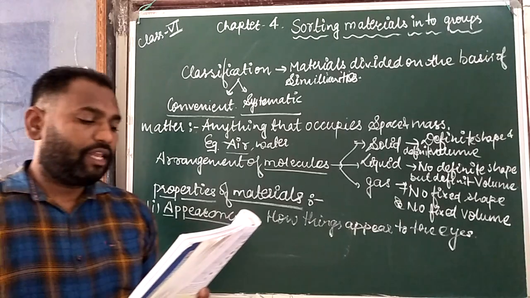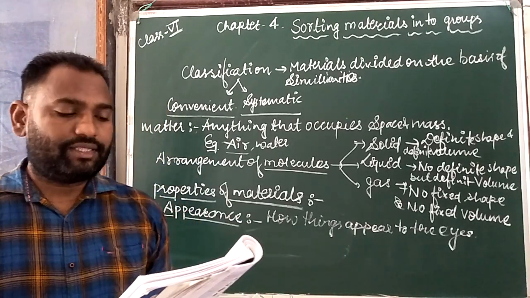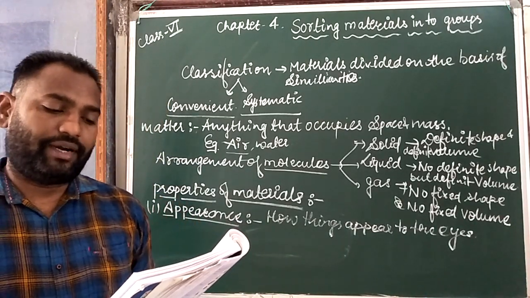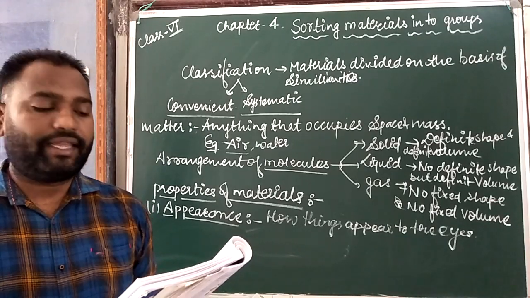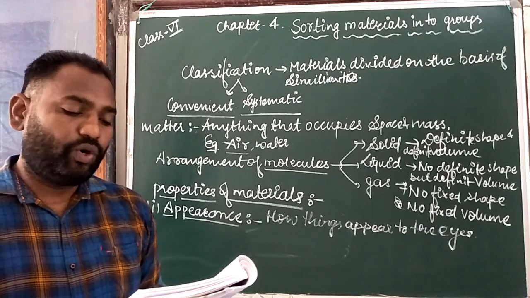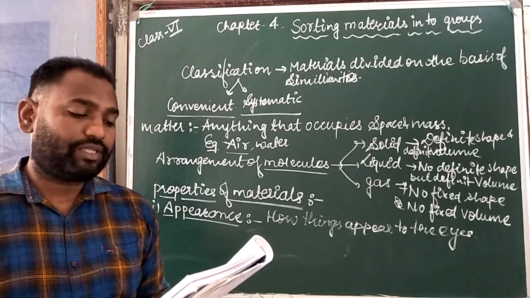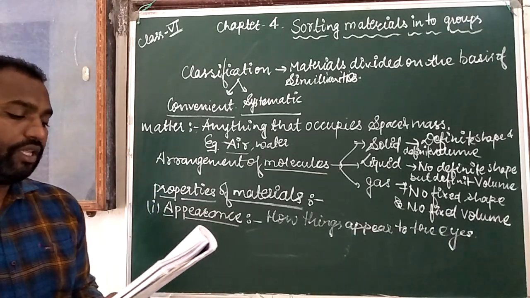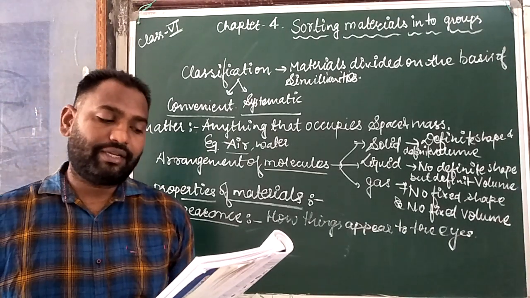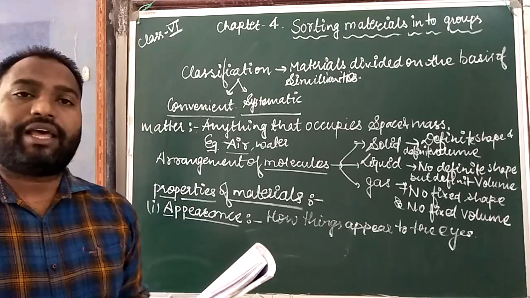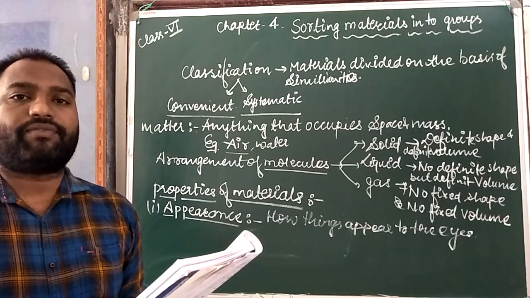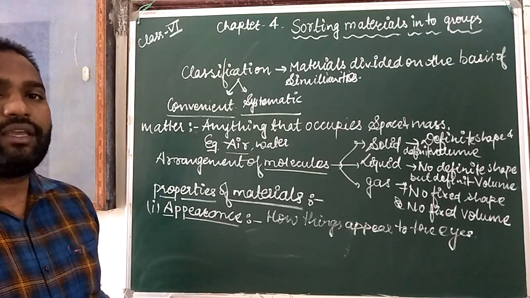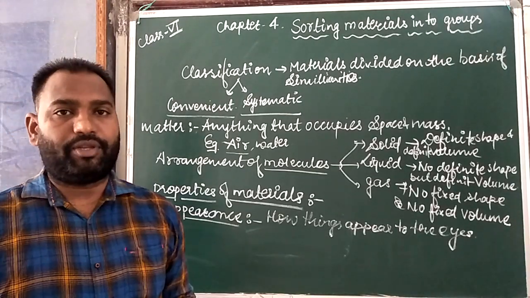Metals like iron, copper, aluminum, gold, etc. have shiny surfaces, and this characteristic of metal is known as luster. Luster means shiny appearance. Materials like wood, plastic, paper or rubber do not possess luster and appear dull, so they are known as non-metals. Dull appearance means they are not good looking and not shiny.